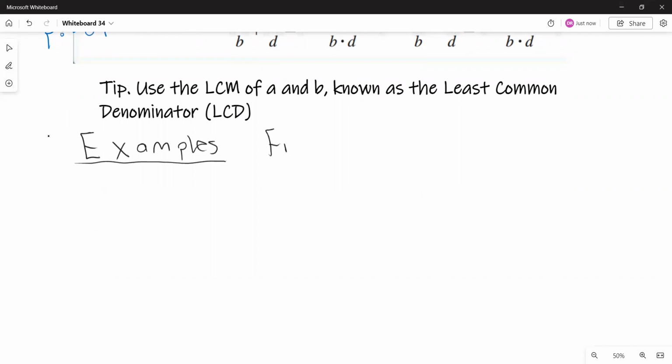Let's find 3 over 8 plus 5 over 6. Instead of cross multiplying, we can use the least common denominator. Let's find the least common multiple of 8 and 6.